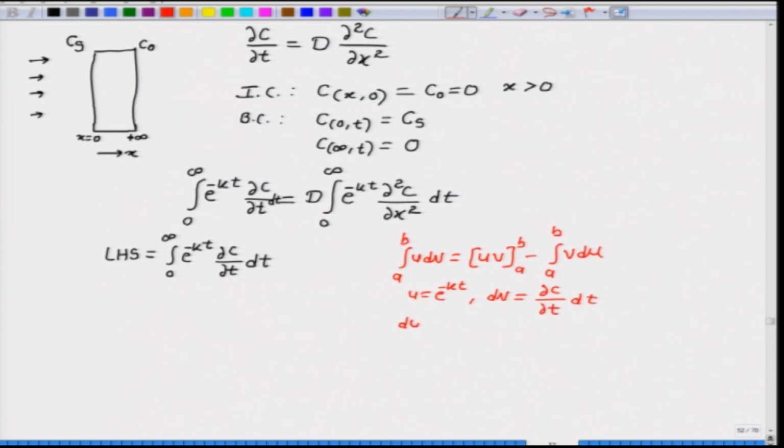So, du becomes minus k e to power minus kt dt, and v is nothing but c.